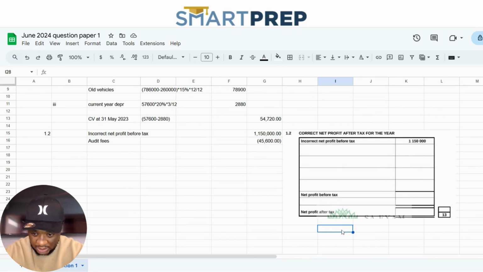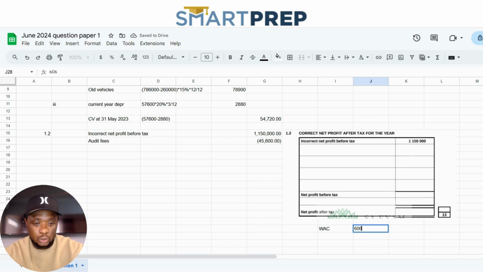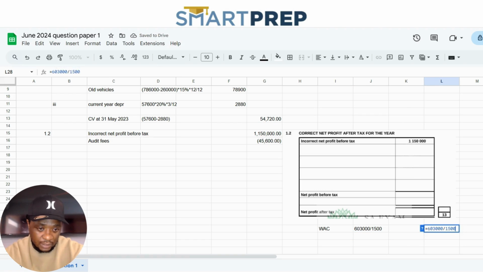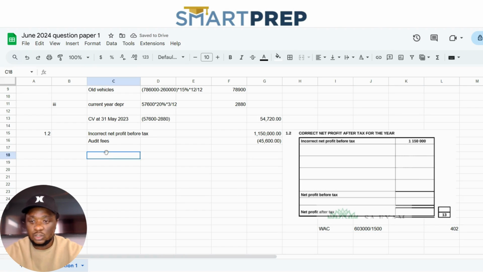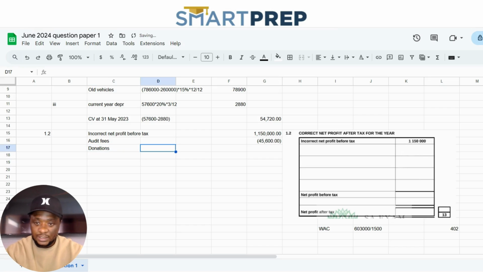So let's work out the calculation. Weighted average cost, I'm just going to say WAC, is basically going to be 603,000 divided by 1,500 blankets. And so that means our weighted average cost is going to be 402. To calculate donations, remember that donations is an expense, and so it would further decrease our profits.